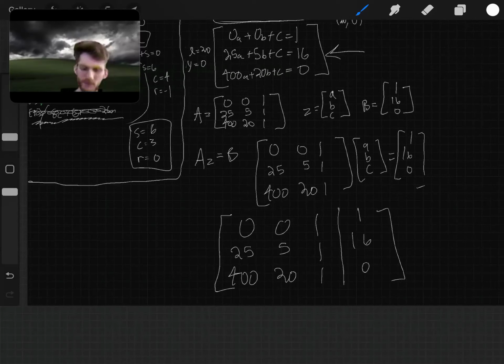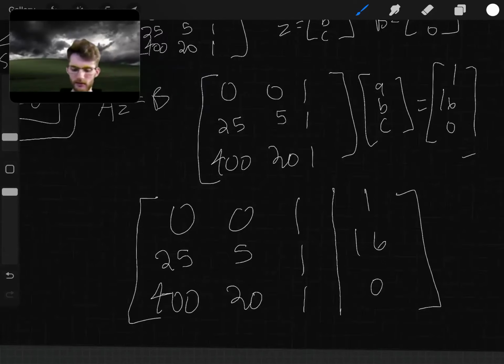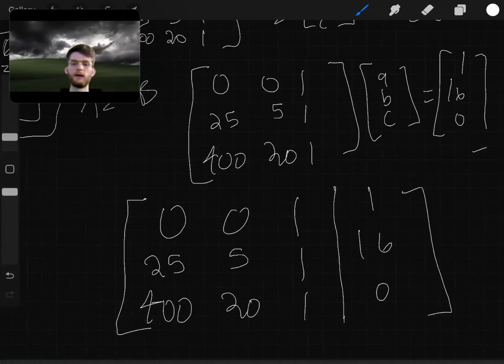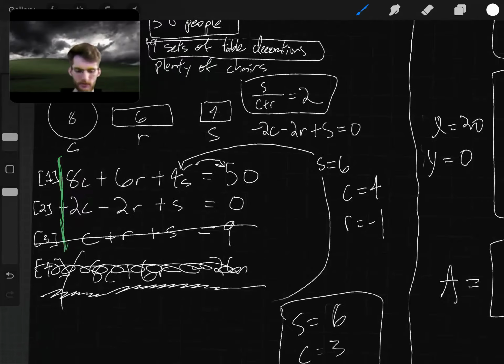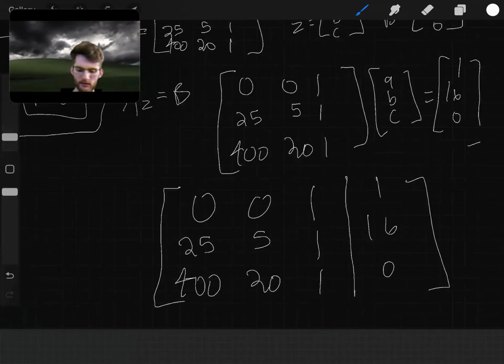So this represents our set of linear equations. And you could add multiples of rows together to isolate different variables, which is basically what we did here. So I could multiply this row by, I don't know, -1, add it down to here, then you would get rid of this variable.